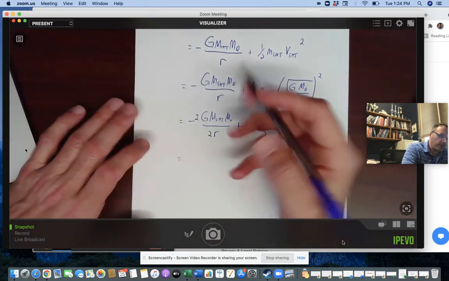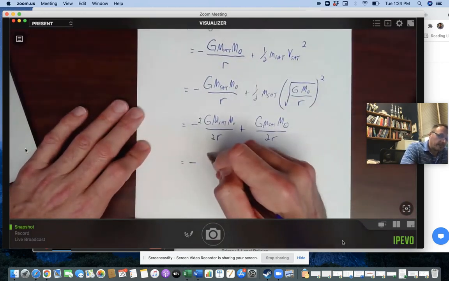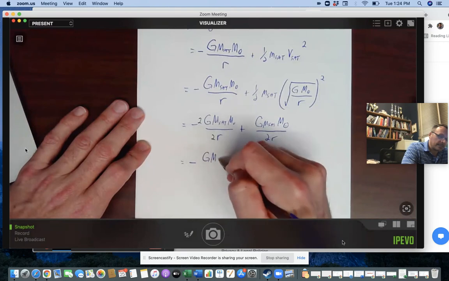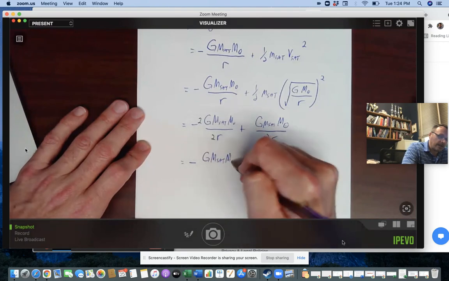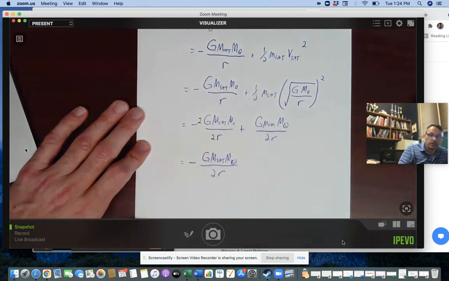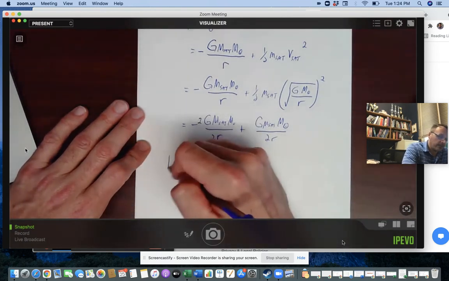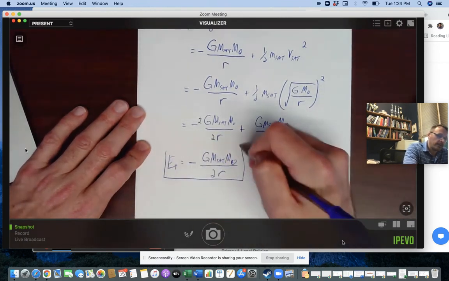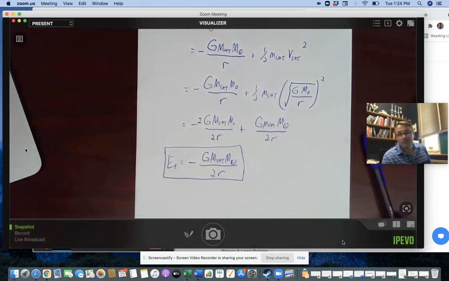And what I end up with is negative big G, mass of the satellite, mass of the object that you're orbiting, all over 2R, where R is the orbital radius. So there is the total energy for an object in circular motion around a planet.